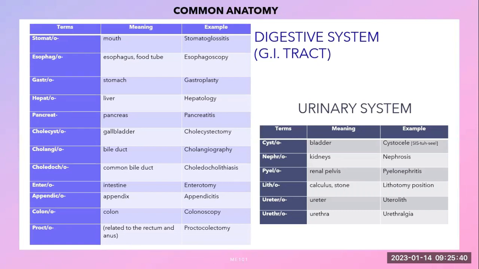Yes. So it's an upper and a lower. If it's above the bladder, we call it ureter, meaning it comes from the kidney. And under the bladder is the urethra. And then the word algia, that means pain, right?